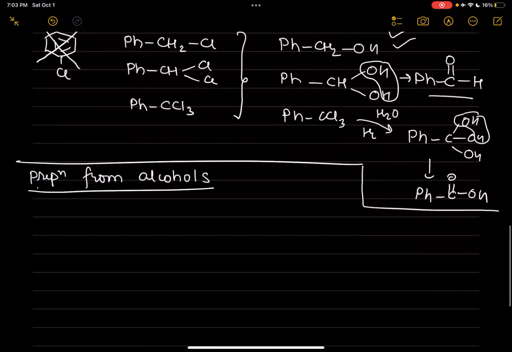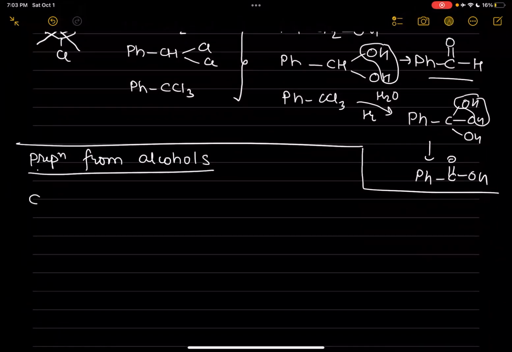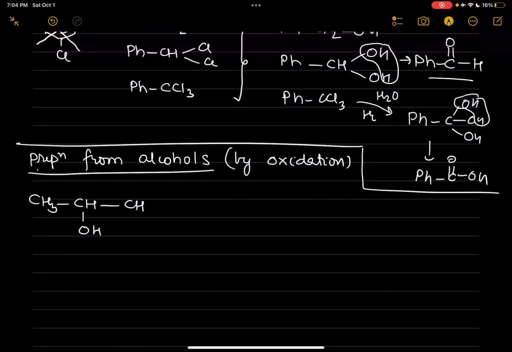But secondary, you don't have to worry at all. Secondary alcohols are going to give you ketones only.